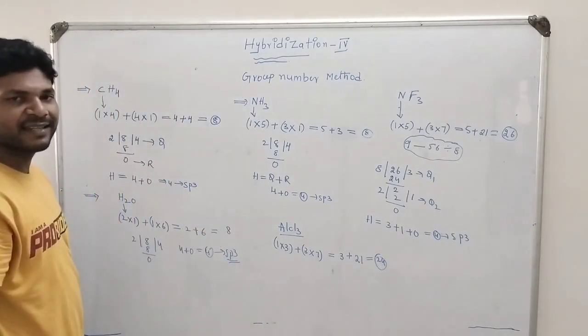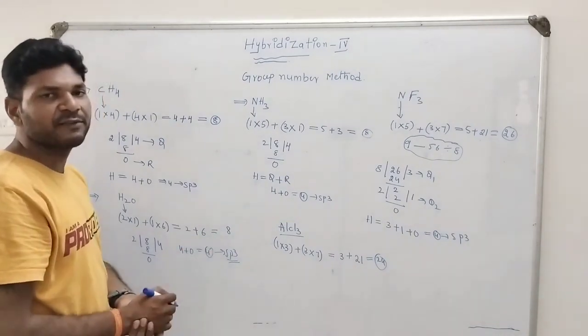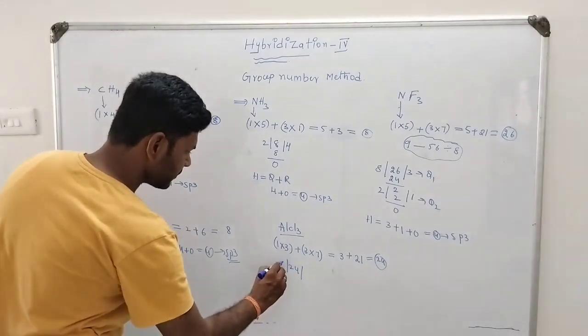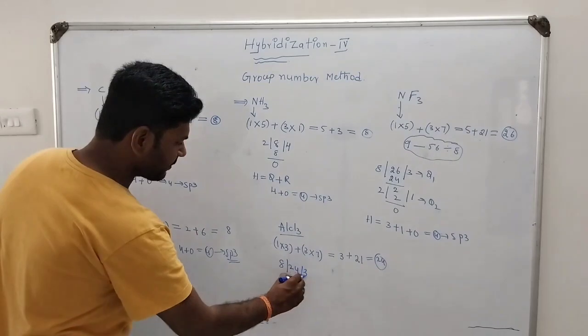The available valence electrons are 24. So we divide by 8. How many times is it cancelled? 3 times.